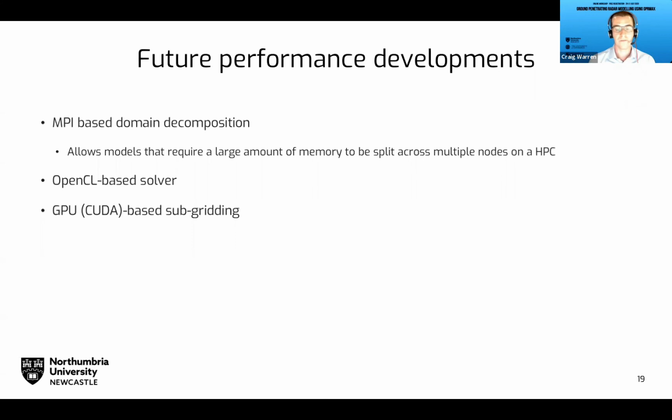So that will basically mean that if you do have access to an HPC and you have very, very big models that are never going to fit on a GPU, then you can use MPI to split them across different nodes of your HPC. So that's probably the biggest thing that we're looking at. The OpenCL solver is in the works and may make it into version 4 that's coming this year.